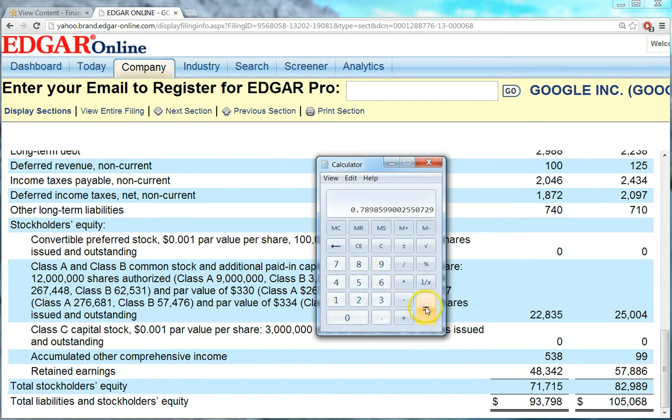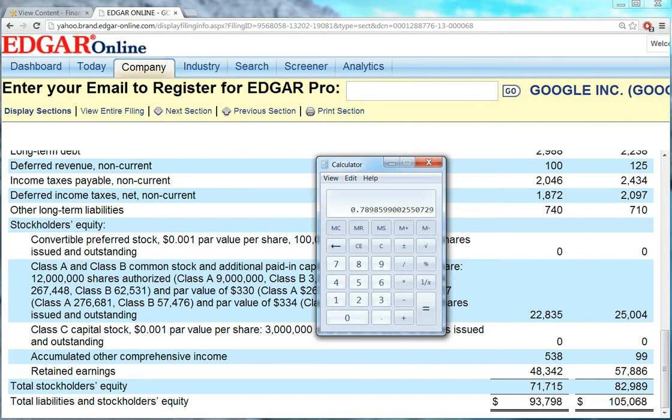And we can see that the equity to asset ratio is 79% for Google. That means that their debt to asset ratio is about 21%. So 21% of Google's assets are financed through debt, and then 79% of their assets are financed through equity.